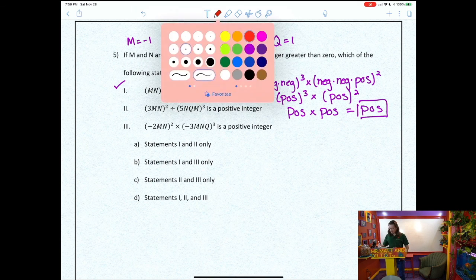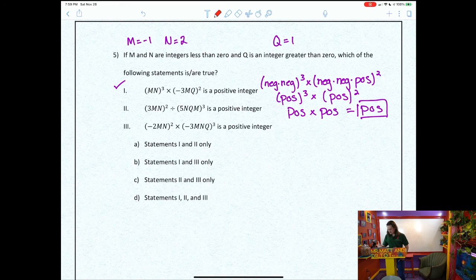Statement 2, we have 3, which is positive, times m, which is negative, times n, which is negative, quantity squared, divided by 5, which is positive, times n, which is negative, times q, which is positive, times m, which is negative, quantity cubed. So a positive times a negative is going to be negative. That negative, however, times another negative will be positive.